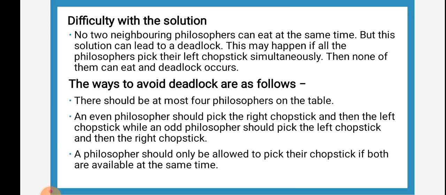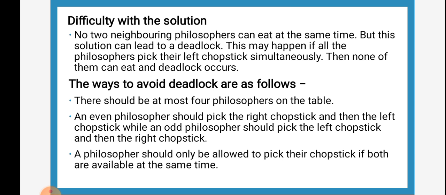So the last one I told is that a philosopher should only be allowed to pick up their chopsticks only when both are available. For example, P1 has already picked up F1 and F2, and now philosopher P2 wants to pick up his chopsticks. He now needs F3 and F2. His left is F2 and F3 is the right one.